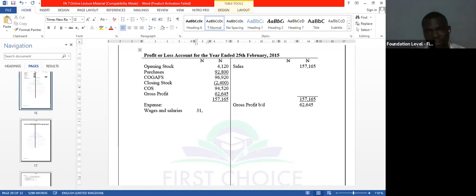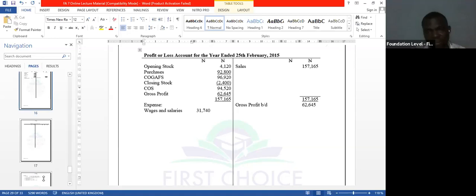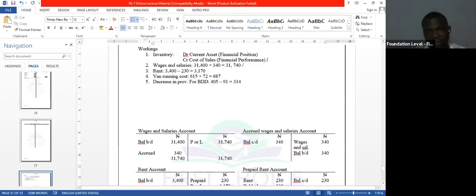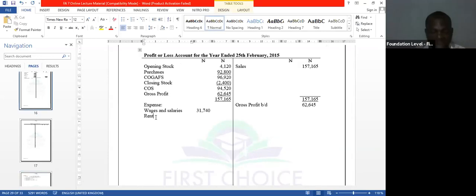After that, I'll look at the additional information about my expenses as well. What other one do I have? I have rent. So again, I'll put a slash. It means that's the rent I want to use. So I'll come back here and put rent, and with the additional information, that's 3,170. So I've done that.